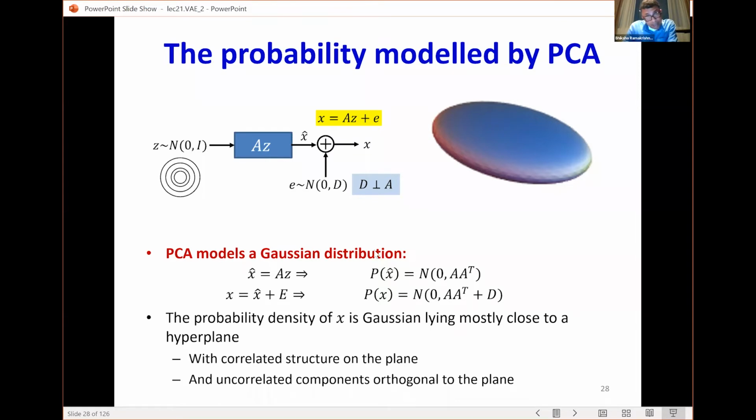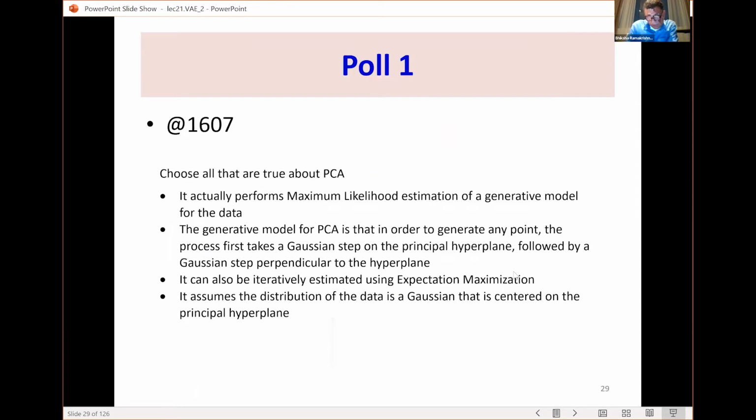In fact, PCA basically just ends up giving you a maximum likelihood estimate of the subspace and the noise covariance given the collection of data, where you're assuming that the distribution of the data itself follows this format, and that the covariance matrix for the noise is always orthogonal to the subspace. So here's your first part.